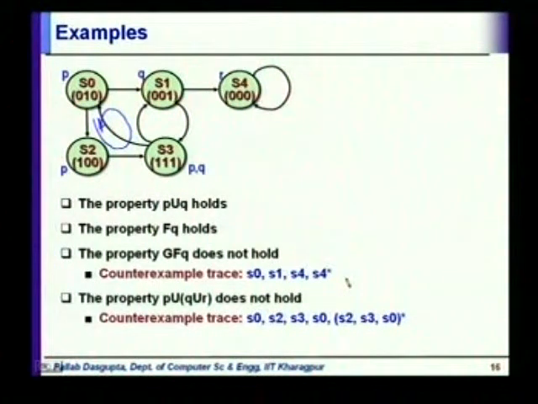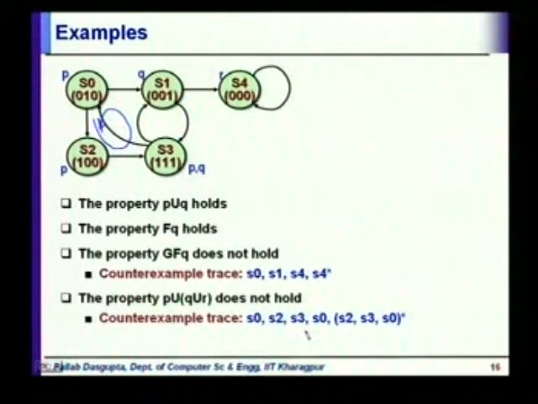Now when we do verification of these properties, then from the design which we are verifying, we will extract out the Kripke structure. We will extract out the finite state machine model from there, and then the property checker is going to look for such counter example traces.